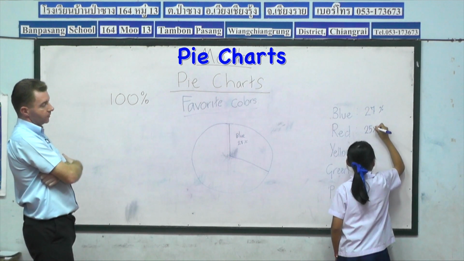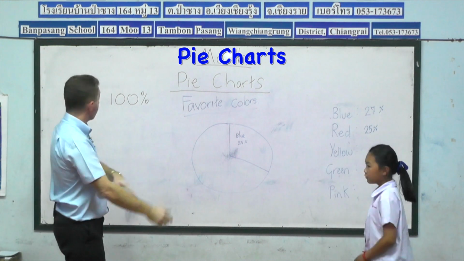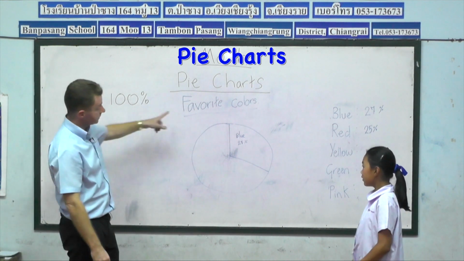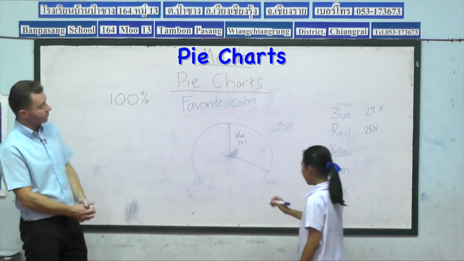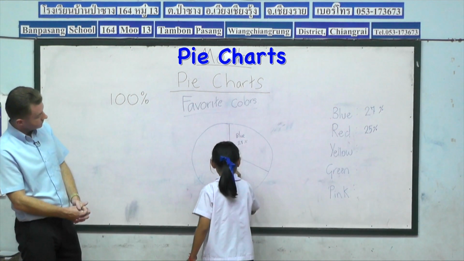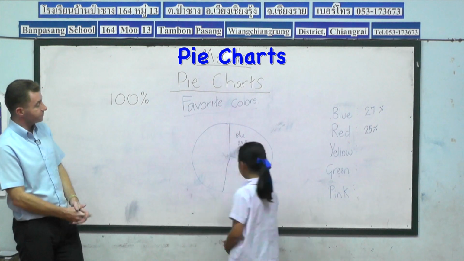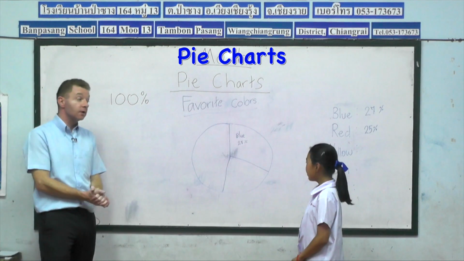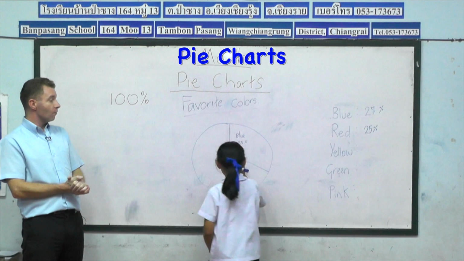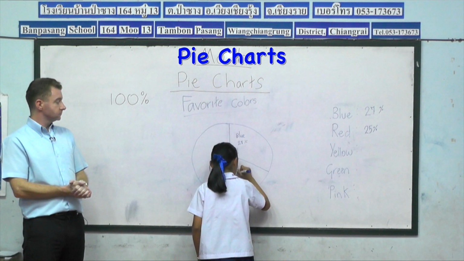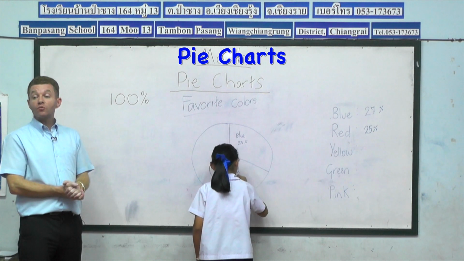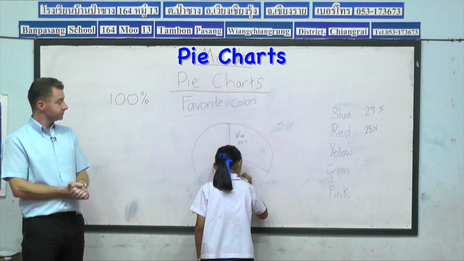Okay, so 25% is a quarter of 100%. So what you want is a slice coming to around here to represent 1/4. Excellent, Nadia. And then complete your slice with the colour and percentage. Red, R-E-D, 25%.